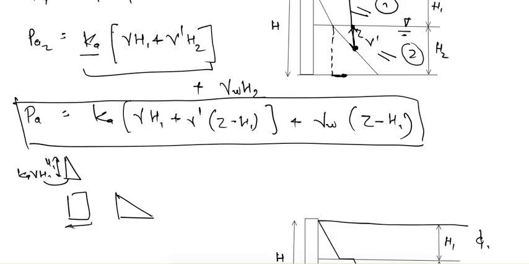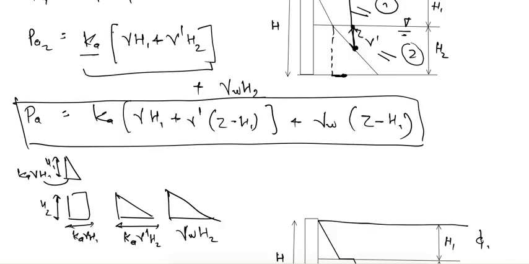For this part, this width is Ka gamma H1 and this depth is H2, and for this part it is Ka gamma dash H2, and this is due to soil. One more will come due to water, that is gamma W into H2. Here the depth is H2, here also it is H2.